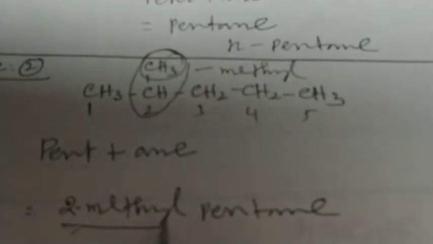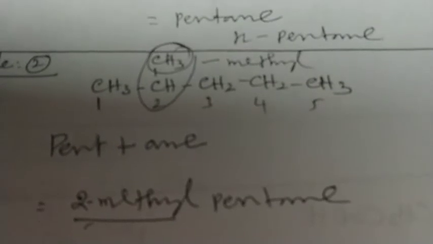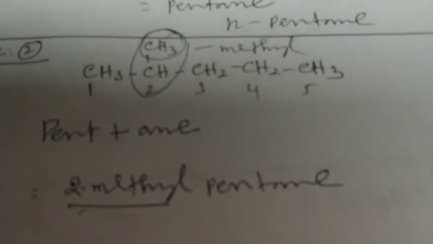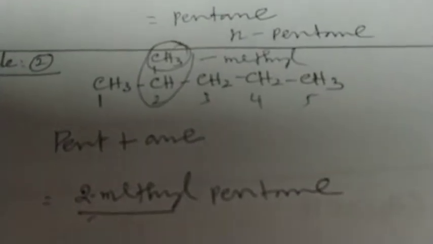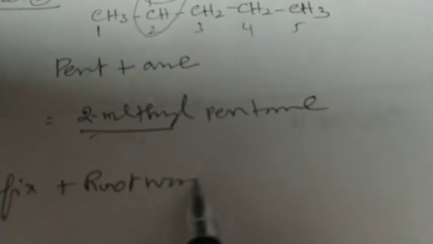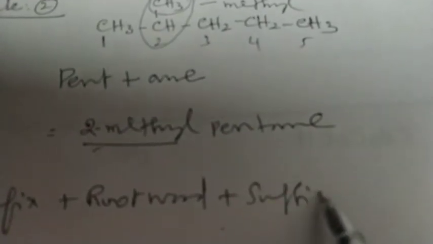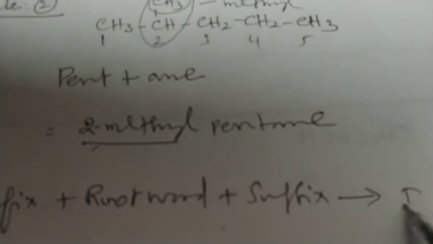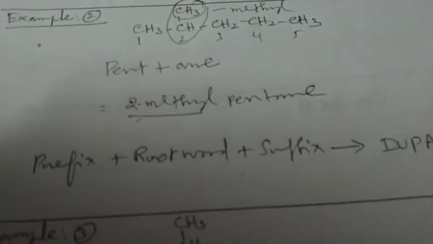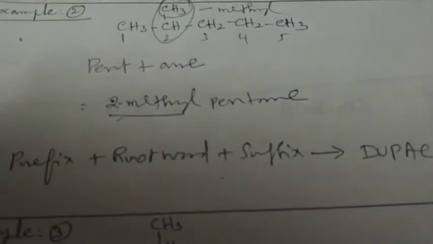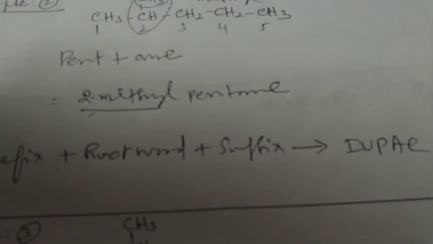Already you know the formula to write the IUPAC name: first we write the prefix, then the root word, then the suffix, and then the IUPAC name will be obtained. So this is a simple formula: prefix, root word, suffix.